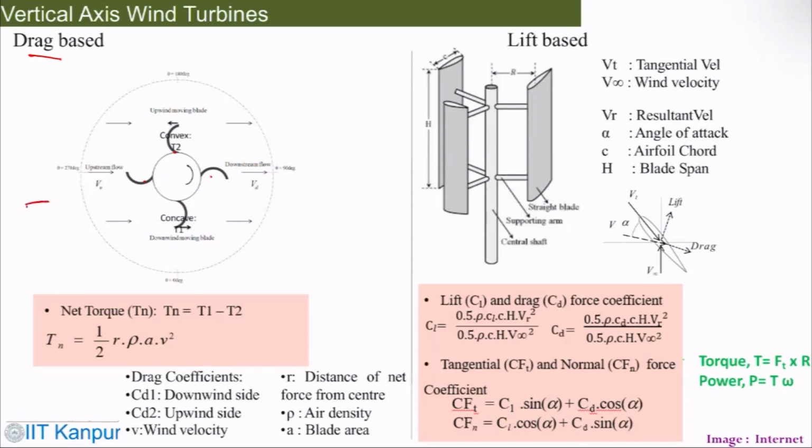When the flow comes and hits the concave surface, it rotates, and the convex surface comes this side. So effectively, this difference in the forces creates the torque, and that torque is finally used to produce power.